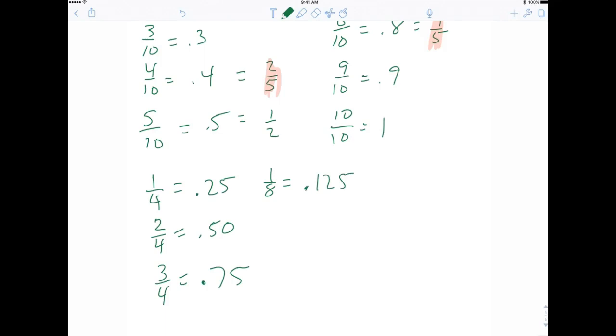Well, listen how easy it is. 1/8 is half of 1/4. And 1/4 is 0.25. So what's half of 0.25? 0.125. That's how easy it is to learn that. All right, does everybody see that? So 1/8 is 0.125.